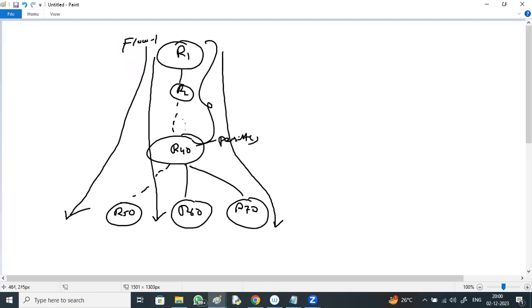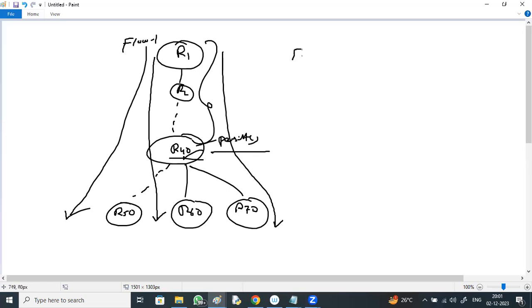Observe when an RDD gets persisted: when it is first loaded into the RAM after R39, when R40 is loaded, immediately it will be persisted. So once flow 1 execution is finished, R40 is persisted.